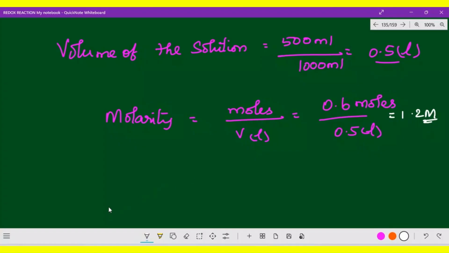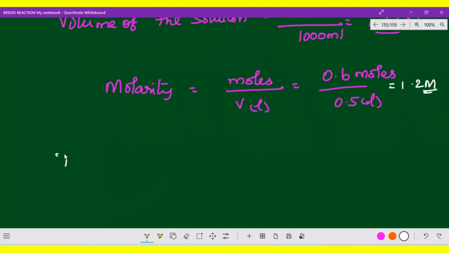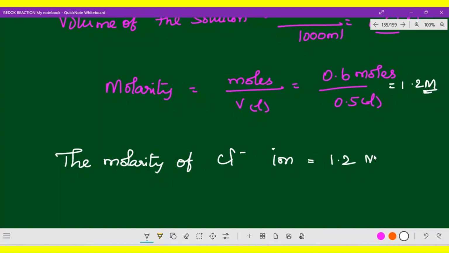So the molarity of Cl minus ion is actually 1.2 molarity, or 1.2 mole per liter. We can mention it this way also, because molarity is nothing but mole per liter. I hope you got the clarity.